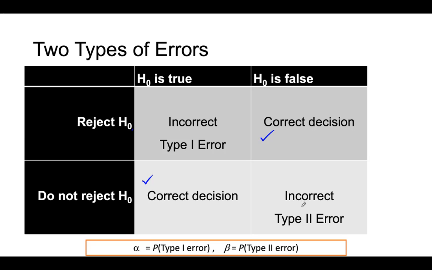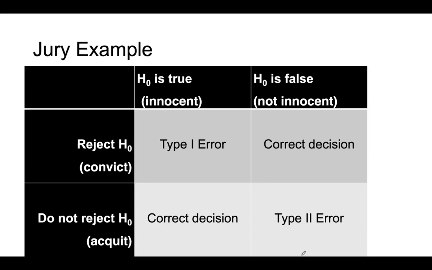Now, if the null hypothesis is false and we do not reject the null hypothesis, this is also incorrect. This is called a type 2 error, a beta error, and this is harder to actually account for.